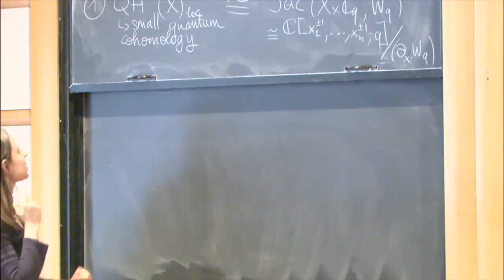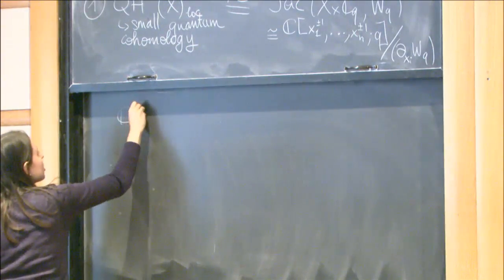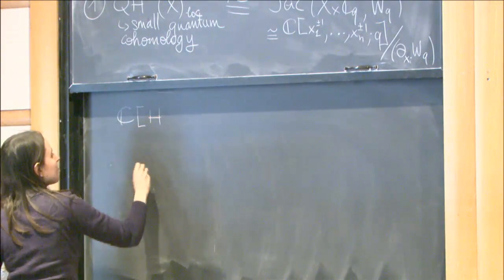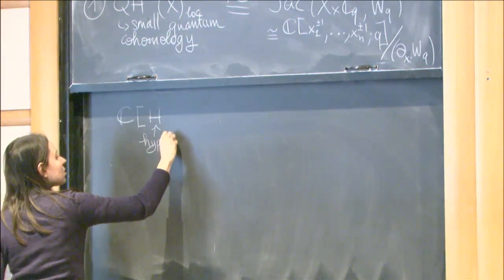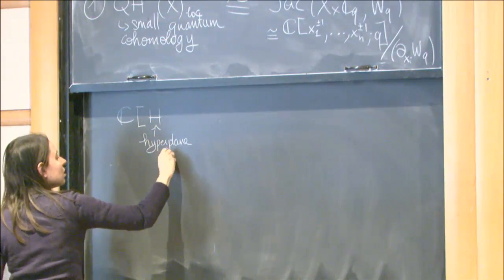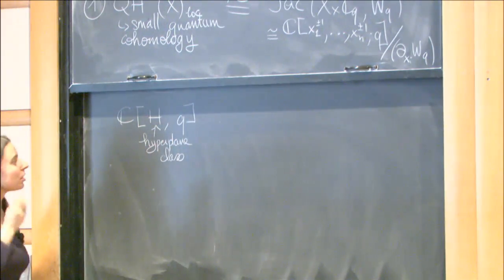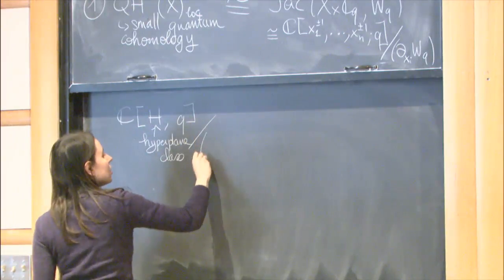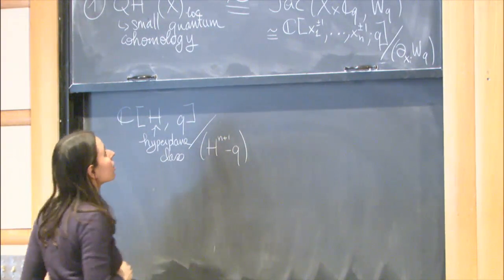It's very concrete. Here the small quantum cohomology, we all know the cohomology is generated by the hyperplane class. If I want the small quantum cohomology, I add the quantum parameter, and of course that's the relation.